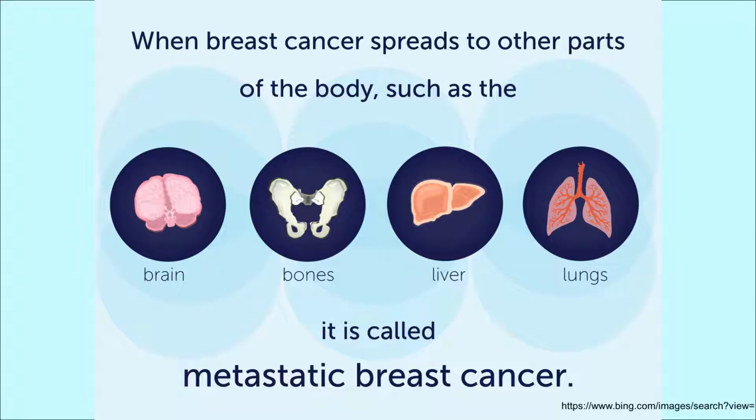So when we think of metastatic breast cancer, it's stage 4 breast cancer, right? At that point, these cells have left the primary tumor and they are now in a secondary site, which can be the lungs, the lymph nodes, the bone marrow.